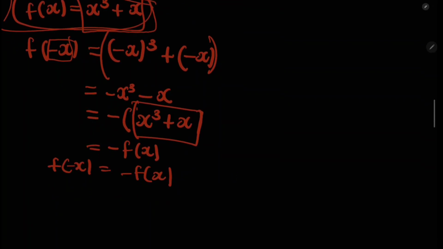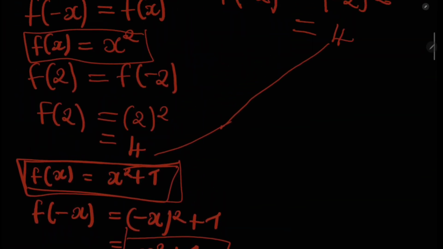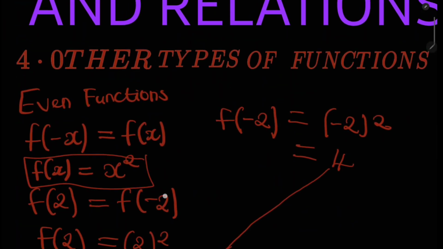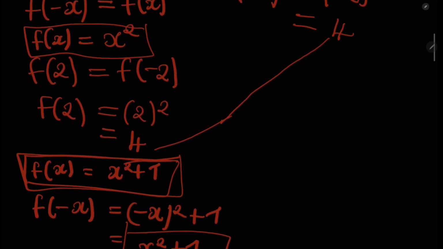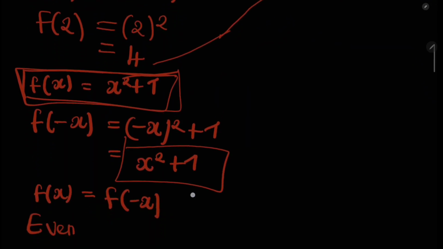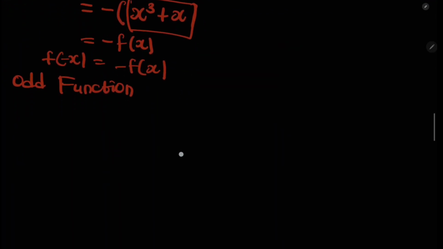And that tells us that this is simply an odd function. So for odd functions, remember f of minus x should be equal to minus f of x, and for even functions, f of minus x should be equal to f of x. So here we do simple substitutions in order to know whether it is an even or odd function.